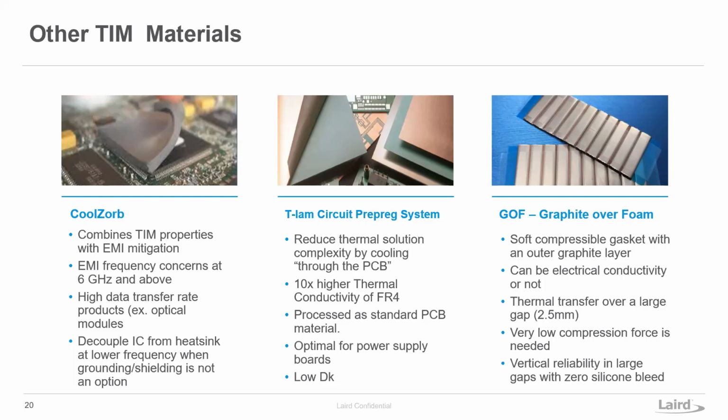The middle illustration and product is our TLAM prepreg system. We manufacture a thermally conductive prepreg that can be used to make circuit boards, which then gives you an inherently thermally conductive circuit board, where now you may be able to reduce hardware required on top of the component because you have thermal dissipation through the board.